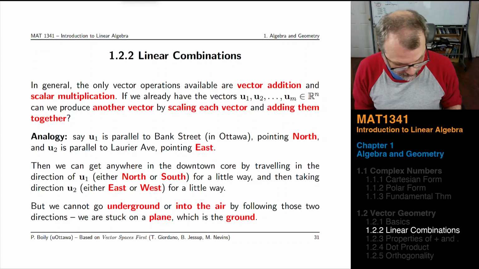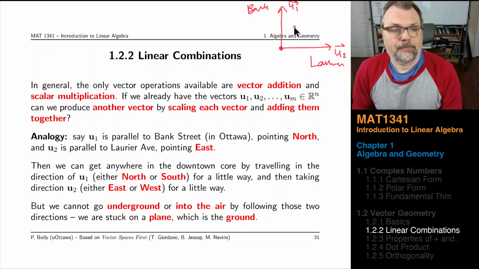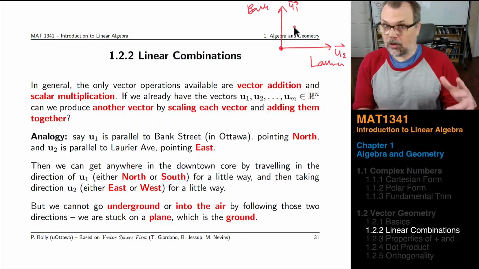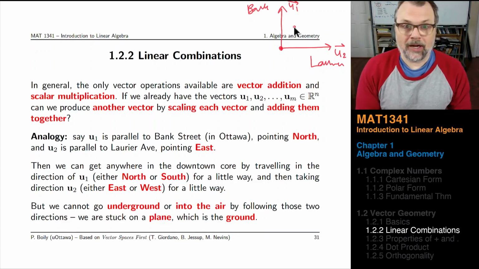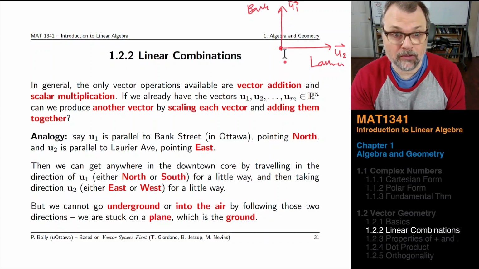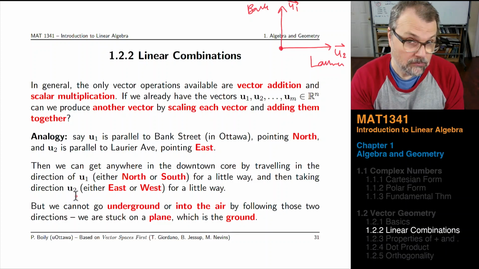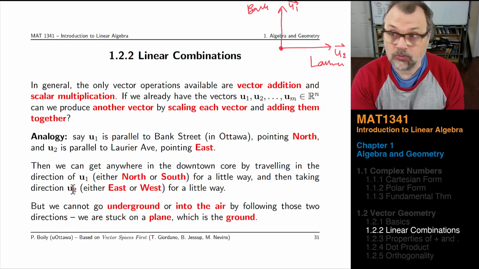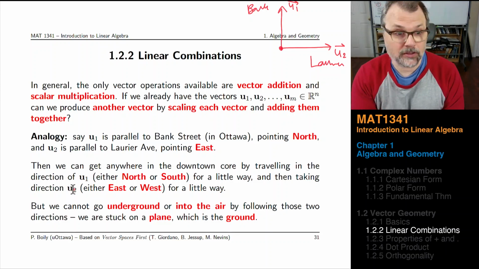So here's your situation. In theory, you could get anywhere in the small downtown core by traveling in the direction of u1, which is to say going north or south for a little way, and then traveling in direction u2, east or west, parallel to Laurier.